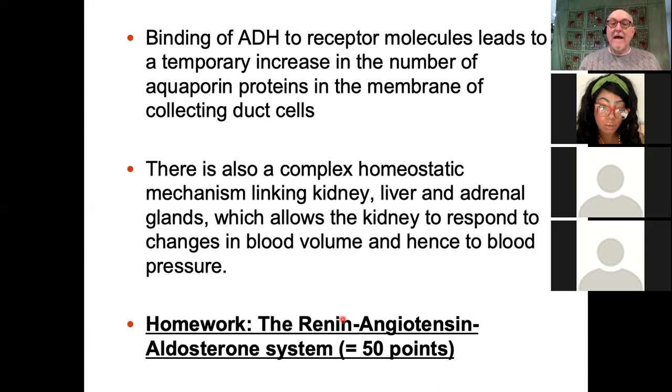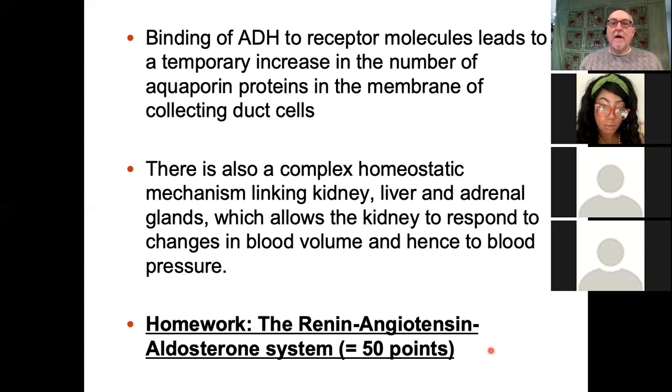Renin there being one of the hormones which is produced by the kidney in response to changes in blood pressure. So this 1 page or 2 pages is probably sufficient. That's 50 points for you. And I will set a time limit for you. And that is required. This is not optional. This is a required piece of homework.